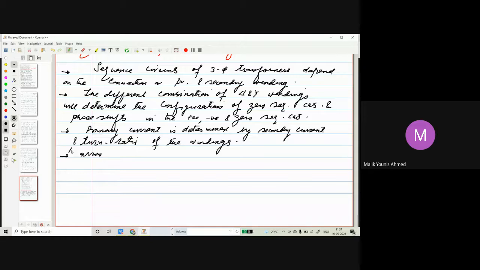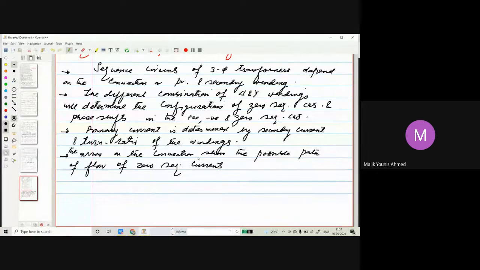So whenever I draw the arrow, that will show where the zero sequence currents are flowing.